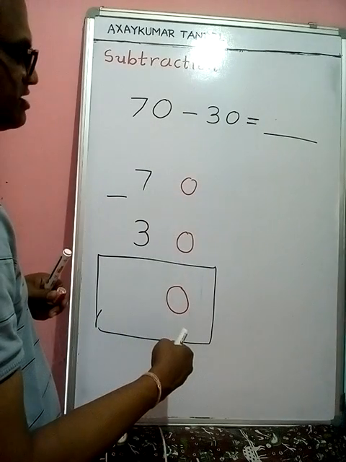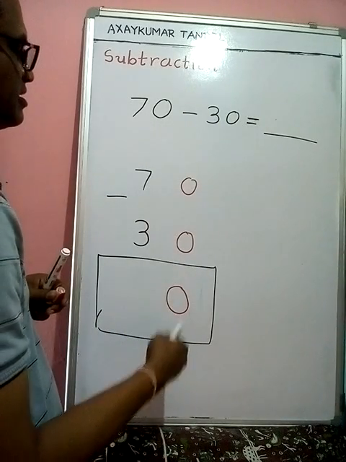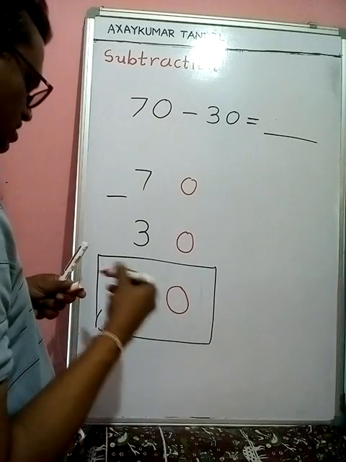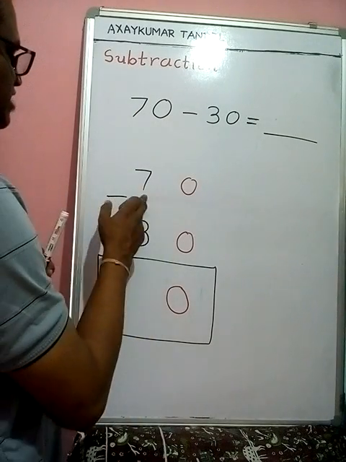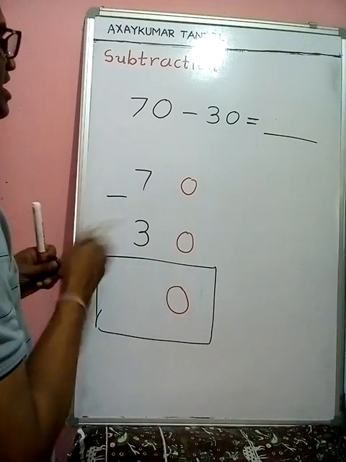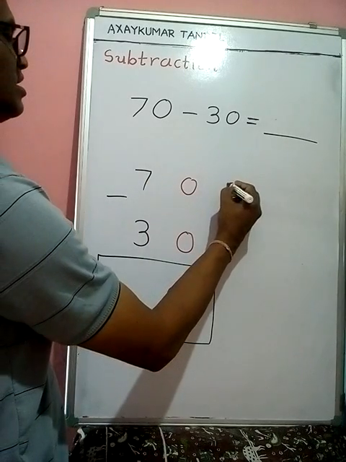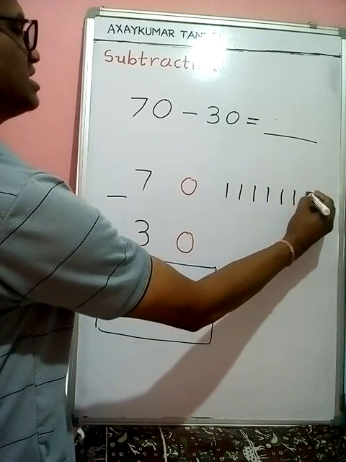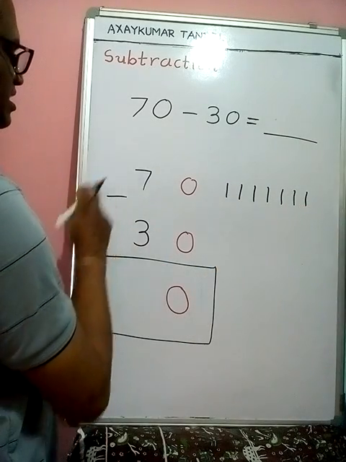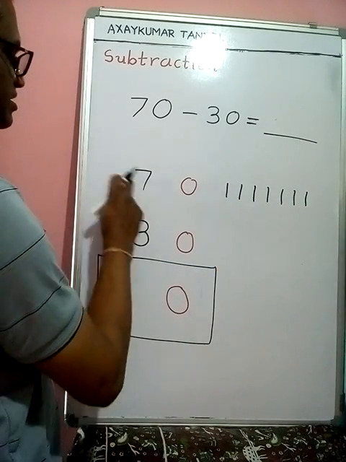Our one subtraction is complete. One's column. Okay. Now start tens column. 7 minus 3. How many we draw lines? 7. 1, 2, 3, 4, 5, 6, 7. How many cutting? Subtract.